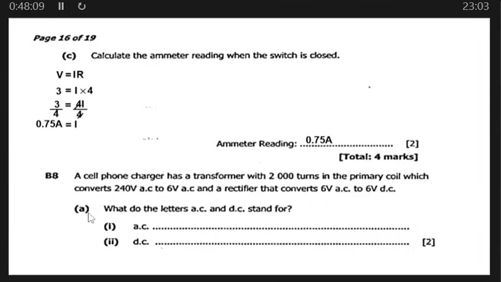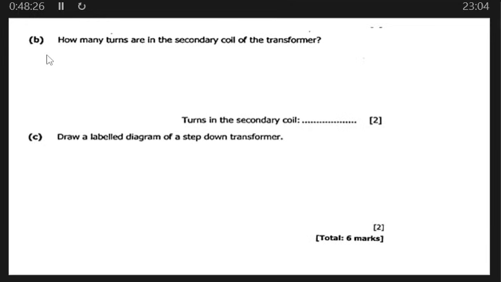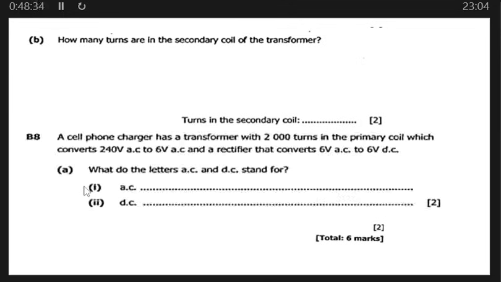Question A says, what do the letters AC and DC stand for? AC stands for alternating current, and DC stands for direct current. So let's go to the next question. B says, how many turns are in the secondary coil of the transformer? So let's bring back our question.